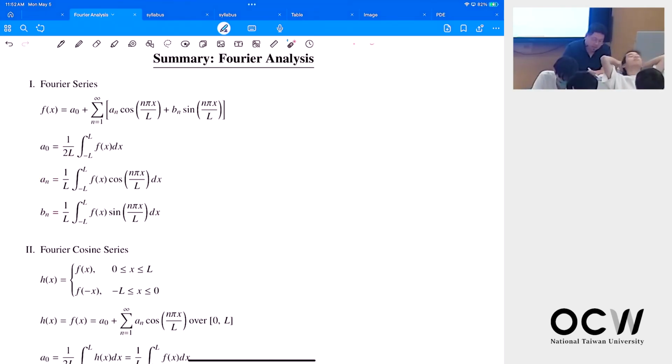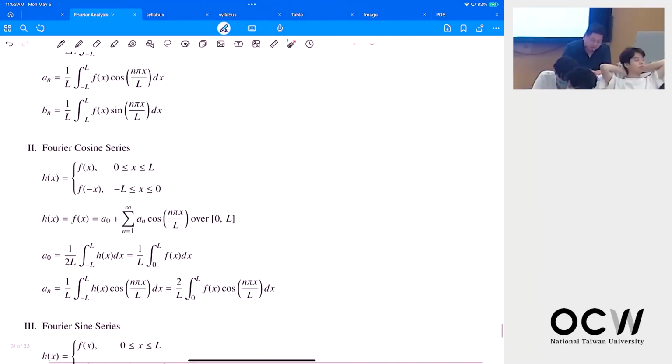Remember that for the coefficients, because the linear combination of your cosine sine, those are the bases. So to find the coefficients, you just times or inner product, the function inner product, the basis. Then you can get your coefficient.